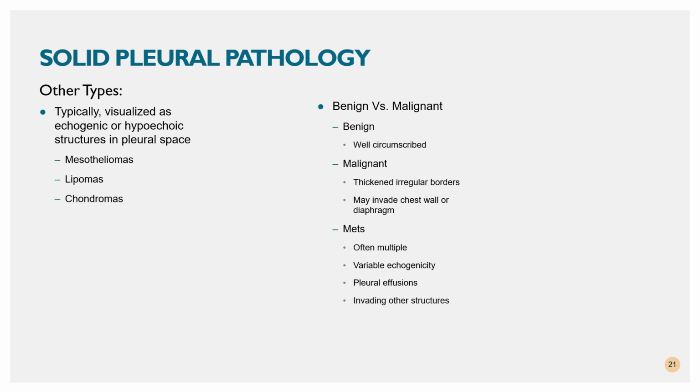Solid pleural pathology, some of the most common ones are going to be the mesotheliomas, lipomas, or chondromas. Typically, they're visualized as echogenic or hypoechoic structures in the pleural space. This is where ultrasound can get a little bit frustrating. We try and teach ultrasound pathology, and we always say, well, it should look like this, but then you give the caveat, but sometimes it looks exactly the opposite.